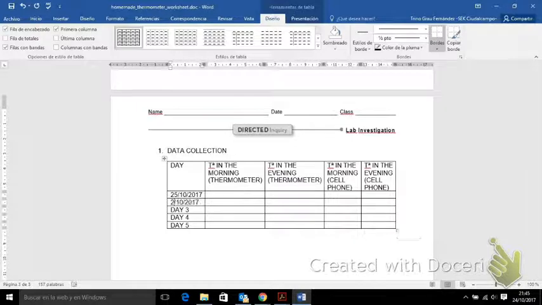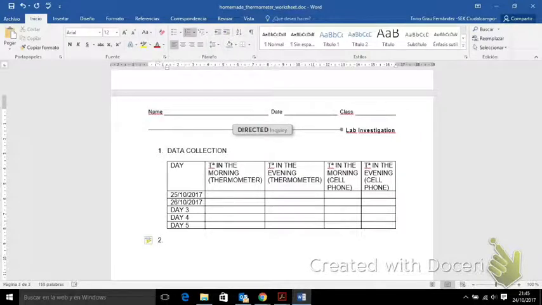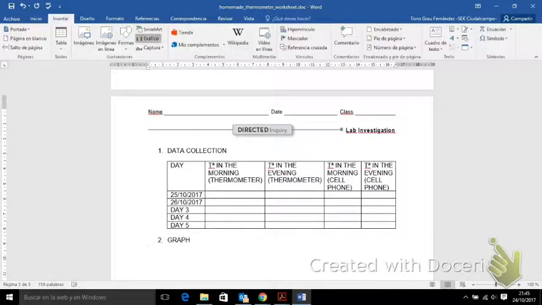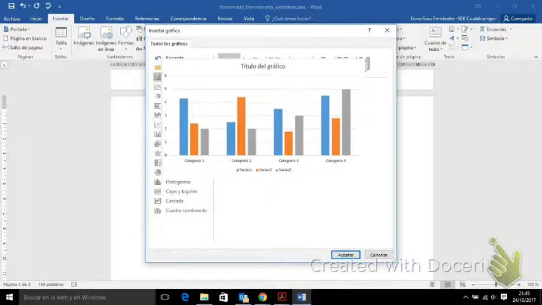Okay. So once you have the data, you do the second section, which is the graphs. Sorry, not data analysis, you do the graph first. So you need to do 2 graphs. So insert graph, bar graph.